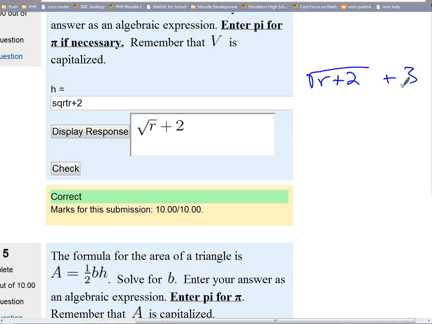How do you suppose I get all of that r plus 2 into the square root? Parentheses, good. So I would just do sqrt, r plus 2 in parentheses, and then a plus 3 outside, and voila, we got it.